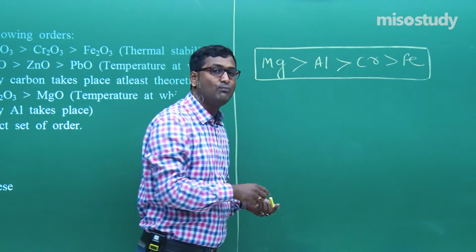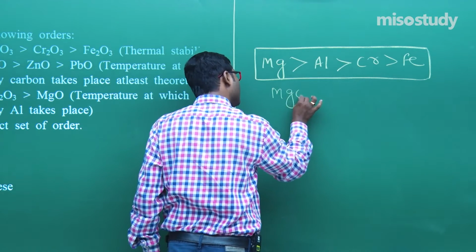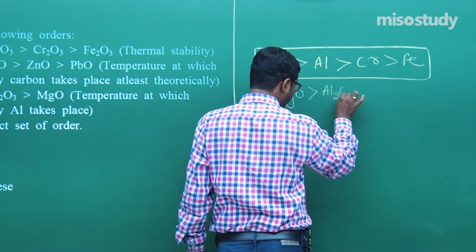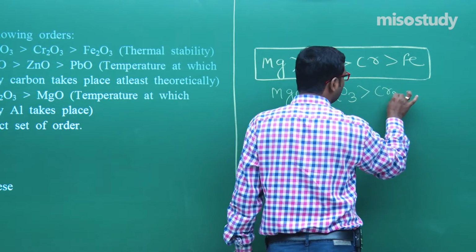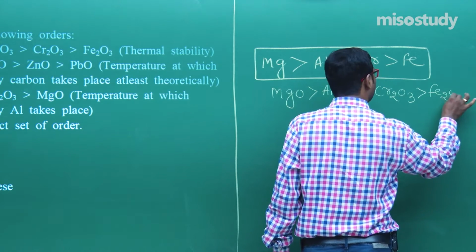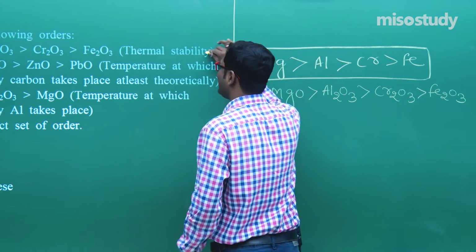So if there is more affinity, then definitely the compound is more stable. If I talk about MgO, Al2O3, Cr2O3, and Fe2O3. Clear to you? So this is the correct choice.